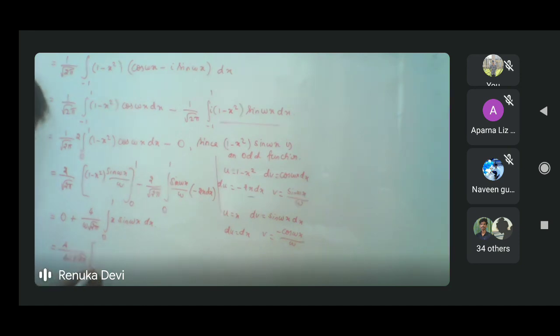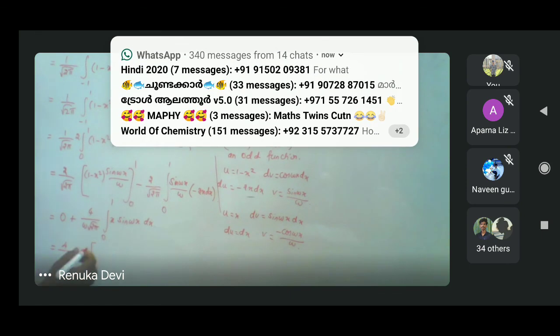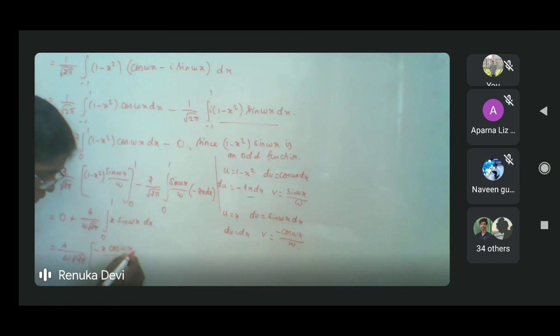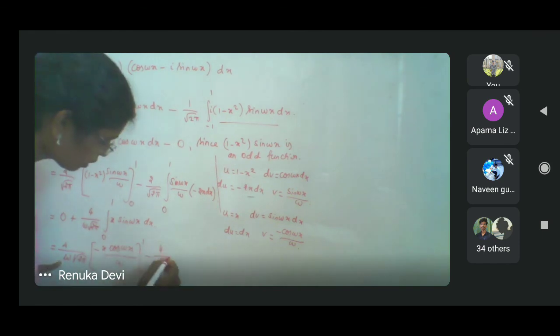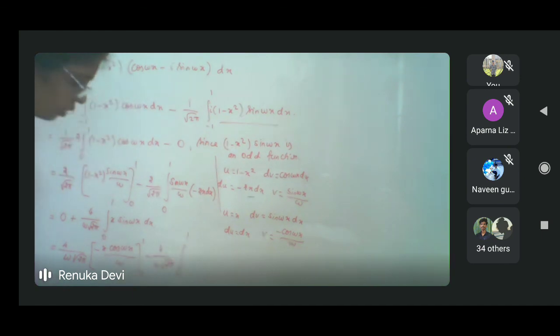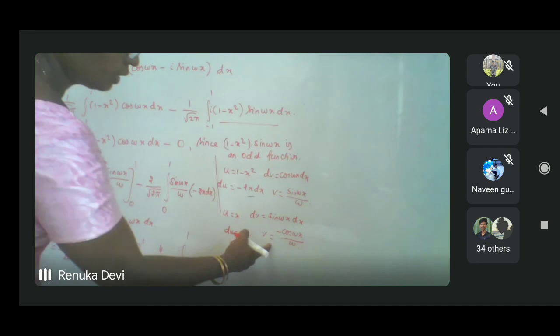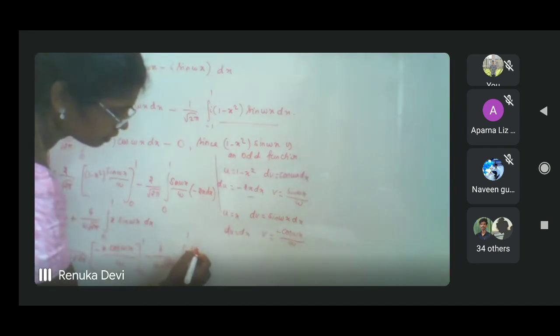What is your uv? Minus x cos wx by w. This is uv minus 4 by w root 2 pi into integral 0 to 1 of v du, which is minus cos wx by w into dx.